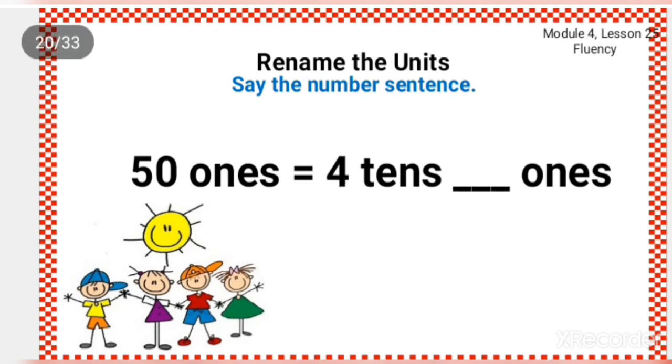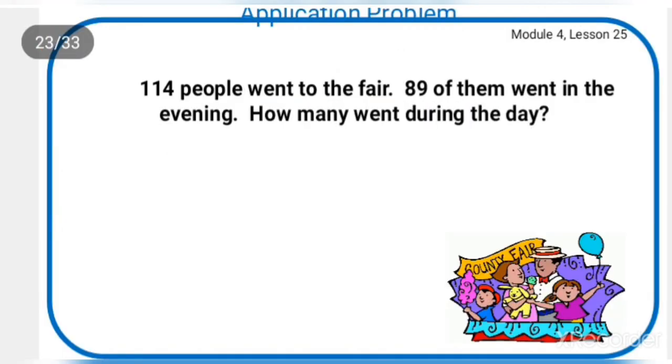And 50 ones will be 4 tens and 10 ones. 63 ones will be 5 tens and 13 ones. While 88 ones is going to be 7 tens and, can you figure it out? 18 ones. Lovely.